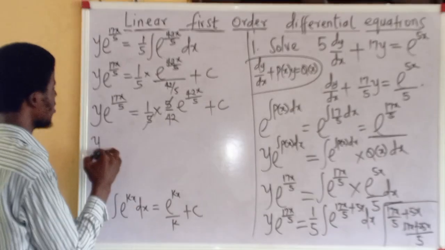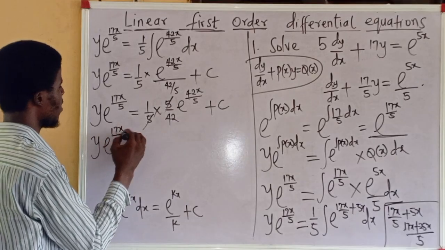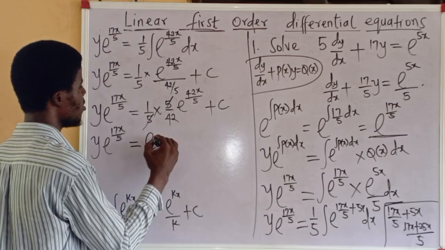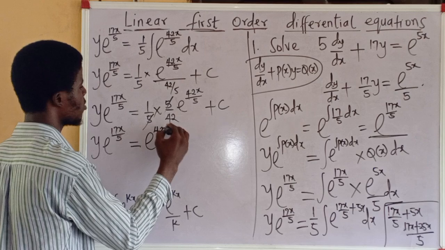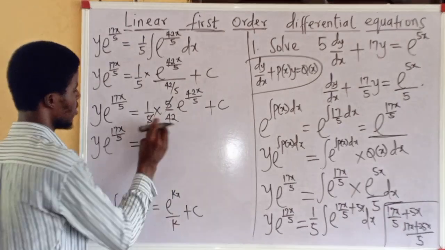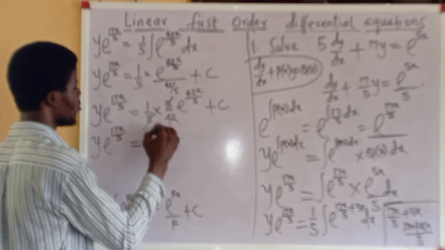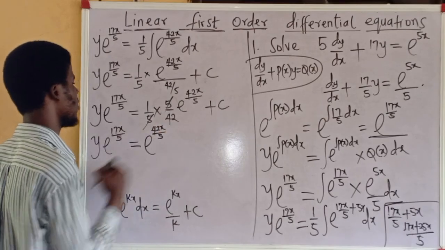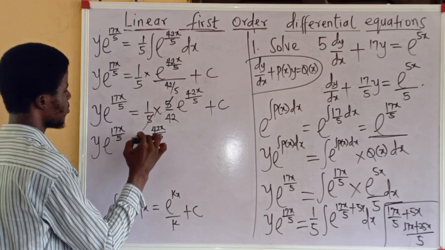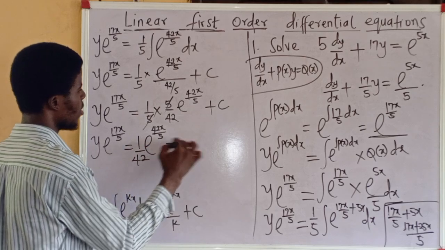So we have y e to the power of 17x over 5 equal to 1 times this, that's e to the power of 42x over 5. Okay, let me write it again. E to the power of 42x over 5. This is over 42, so I can bring it out. Plus c.